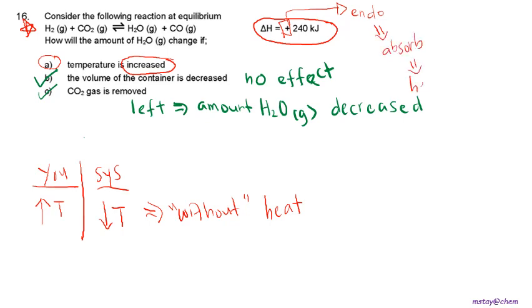So heat will act as the reactant, and we will place the heat at the left hand side here. Okay, without the heat, it means that the system will shift to the right.